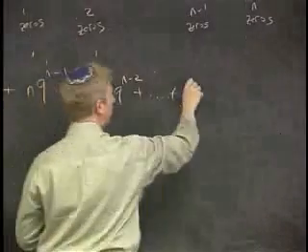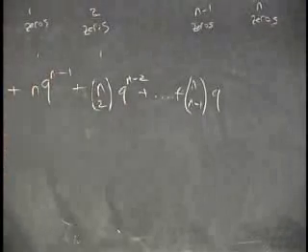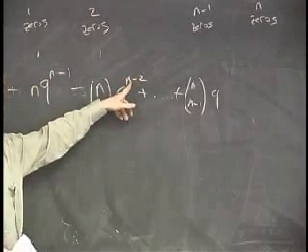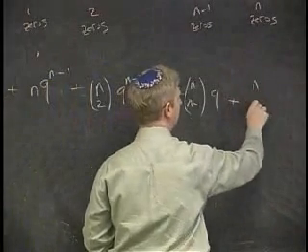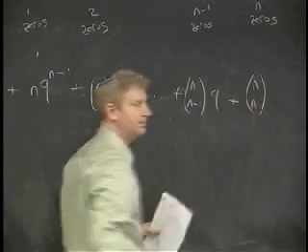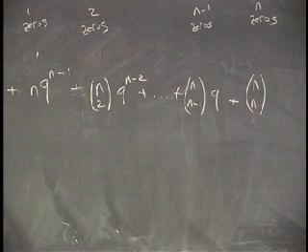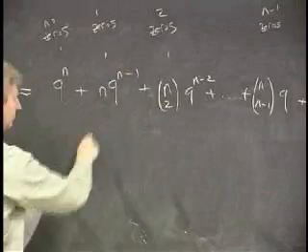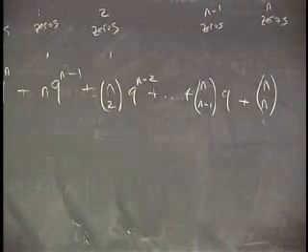N choose n minus 1 times 9 to the n minus n minus 1, which is 1, times 9, plus n choose n times 9 to the 0. See this formula? The first coefficient is n choose 0 for 9 to the n. Completely fine. So it's completely symmetrical here.